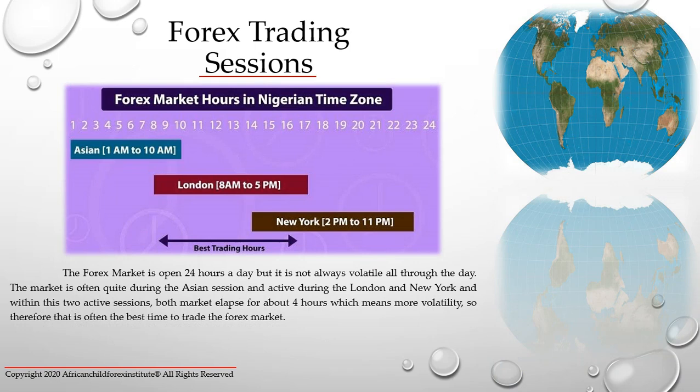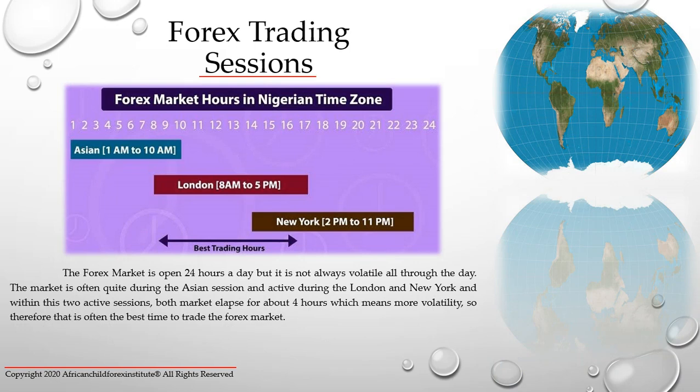And the London session happens to be related to ours, which is about +1 or +0 thereabout. So you can trade the London session from about 8 a.m. to 5 p.m., which is basically more like our own working time.